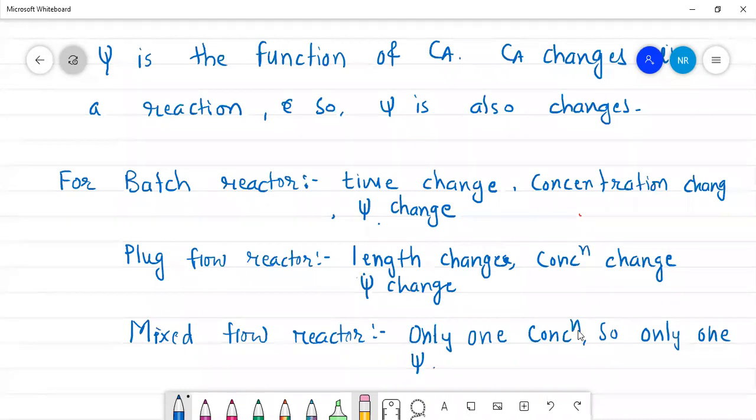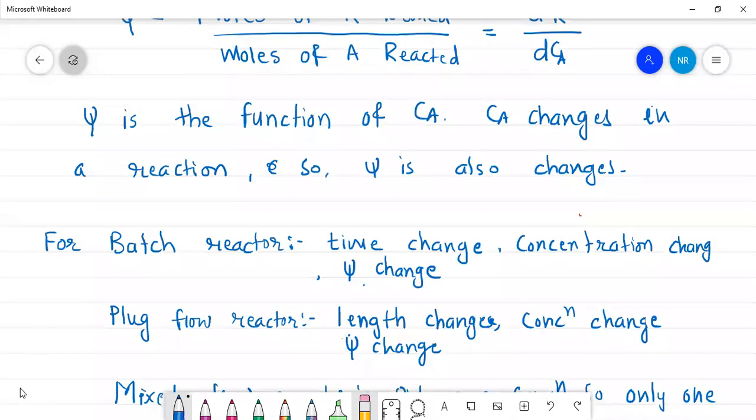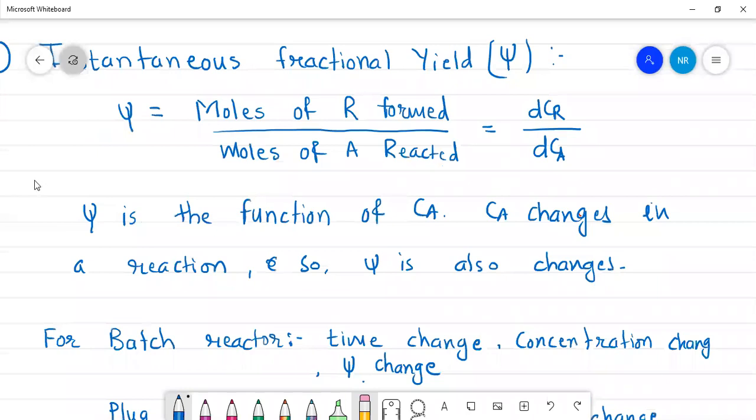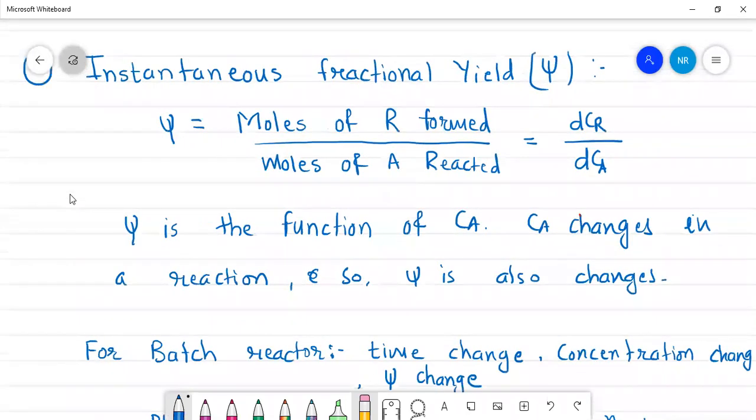So this is the information regarding the instantaneous yield. Once we calculate the example, you can easily understand the value of psi.